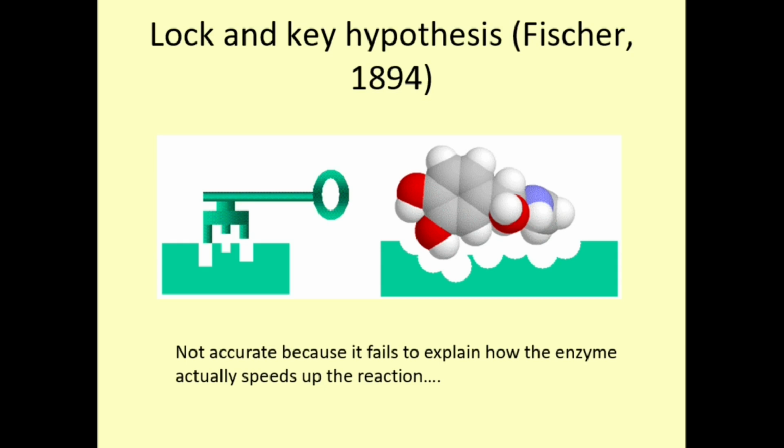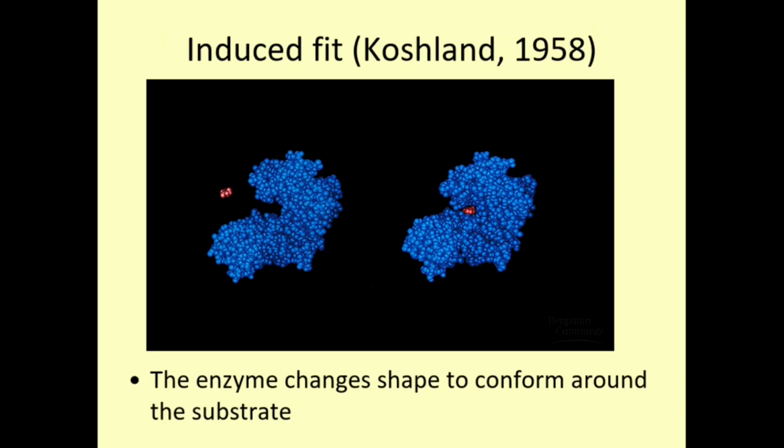We needed a better model, a more detailed model. And that came about in 1958 by Koshland, and it's called the induced fit model of enzyme action. And what we can see here, we look at this diagram. So the blue part is the enzyme. We can see the active site up here.